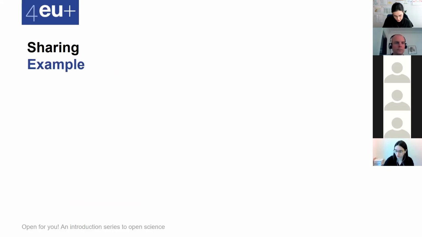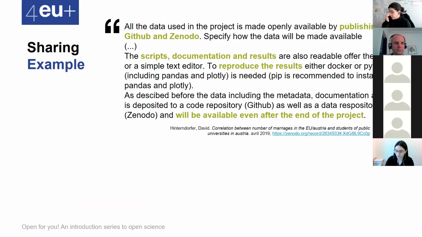Then for sharing, here is an example, and it's interesting because it deals with data as well as code and software. You see the code is shared on GitHub, which allows its reuse, and the data is shared here on Zenodo.